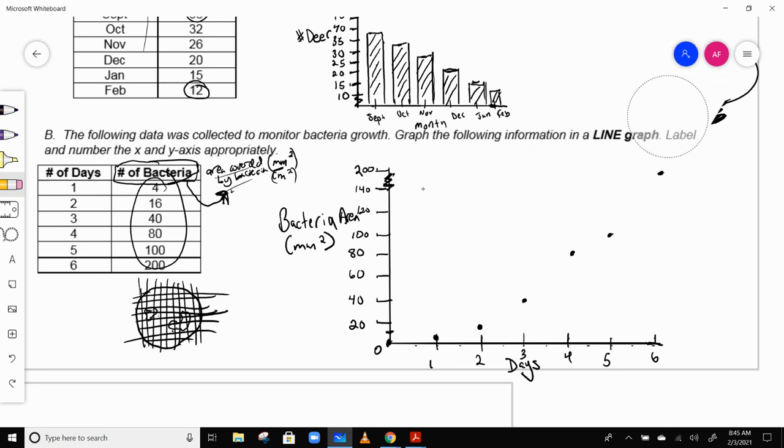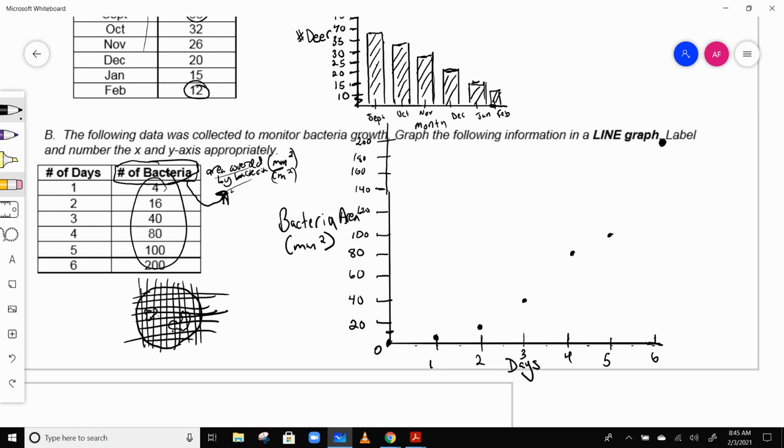So I probably shouldn't break the scale here. Let's try and make the scale consistent. So we'll just continue it up here: 140, 160, 180, 200. Of course, you should do it a little more neatly than I do, but do as I say, not as I do.